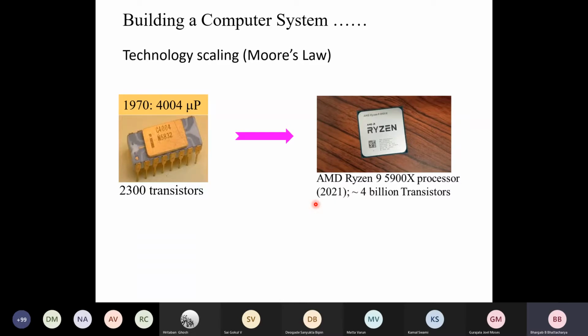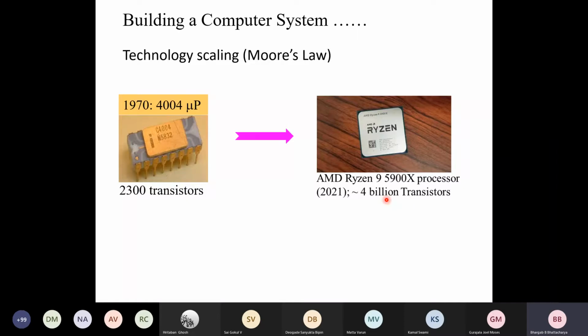But even then, given 4 billion transistors, how do I represent such a design? Because it involves a lot of optimization problems, right? In order to make a compact design, you have to take care of the placement of these transistors and the interconnection of those transistors. You need to address the power issues and so on. So how do I handle such a big design?